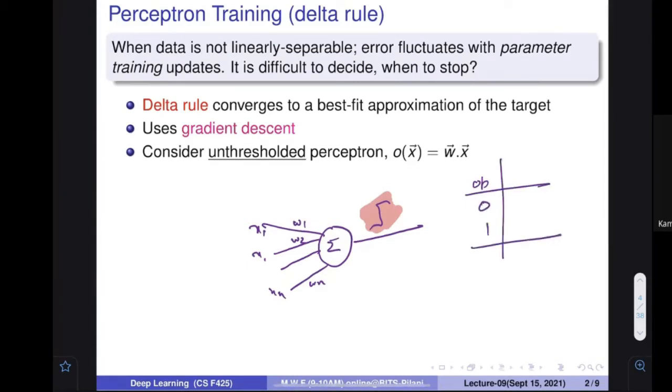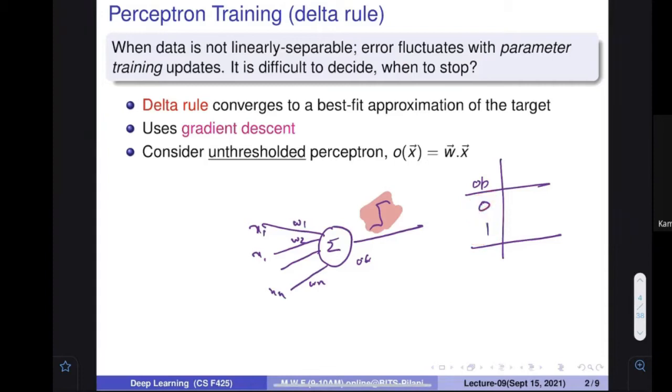Earlier, even if this value came out to be 0.6, I was okay with it, because with thresholding 0.6 becomes 1. But this time I am not going to do any thresholding. What I am going to push is that the summation value should actually equal 0 or 1.